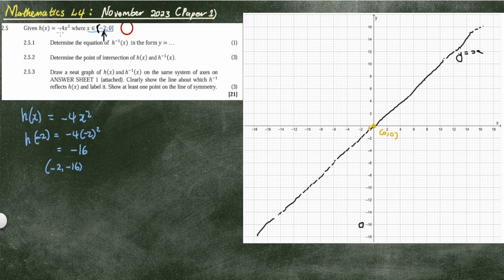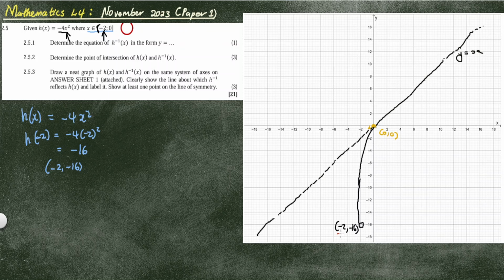Since this is a parabola, I can tell by the x squared, so we connect everything up like this to create a parabola. This is the point minus 2 and minus 16. Now let me use red to plot the inverse.